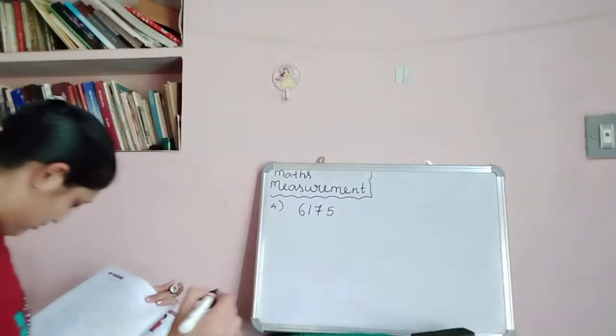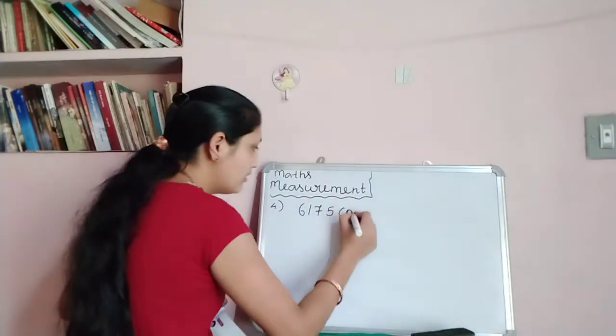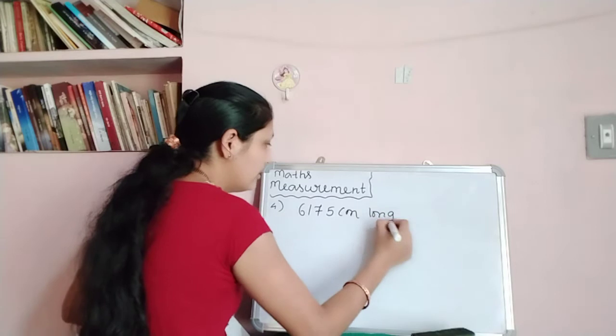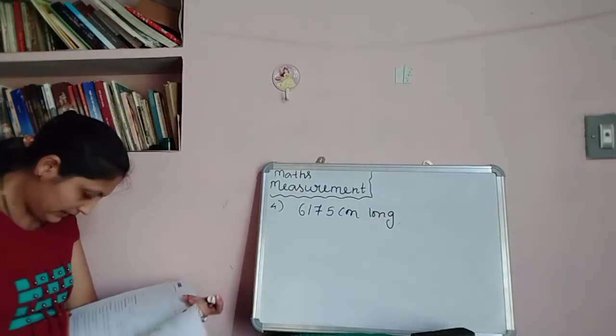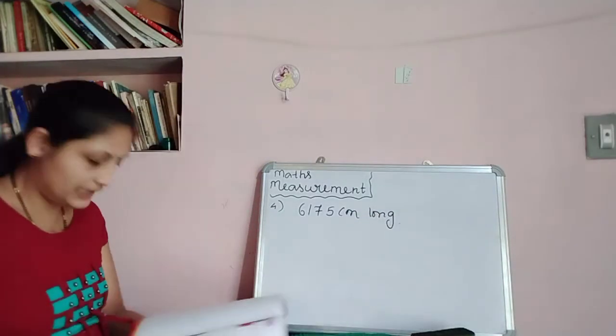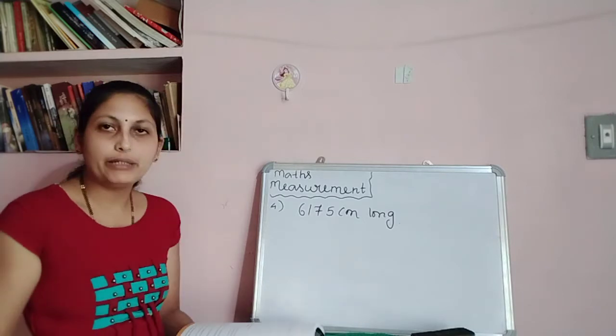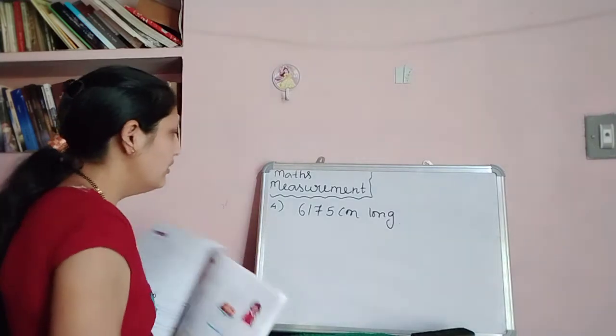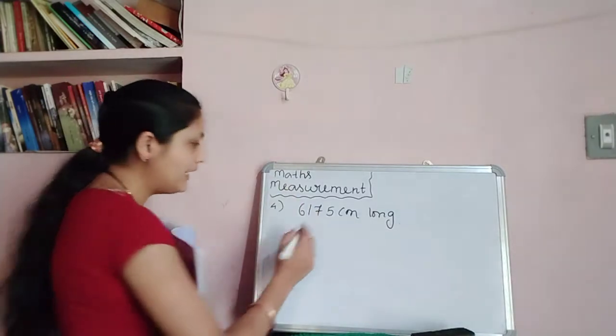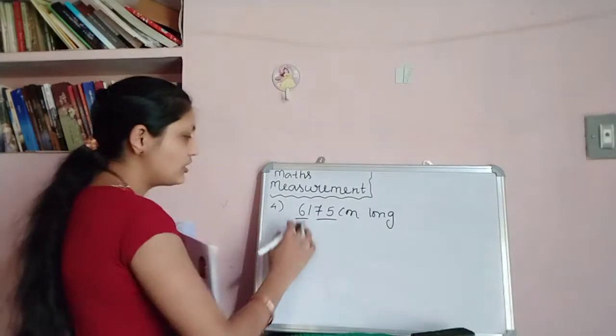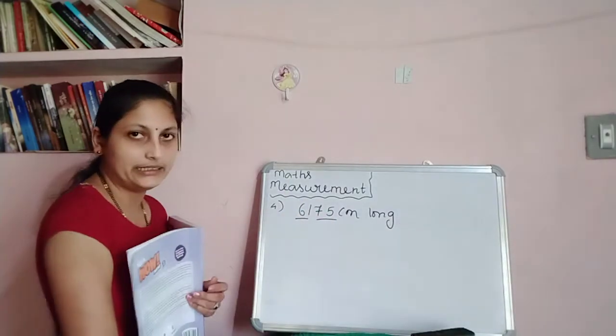So, what is the length in meter and centimeter? It has to be split into two parts. So, 61 is one part and 75 is another part.